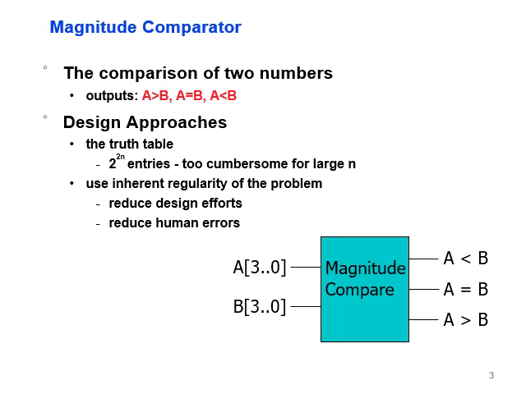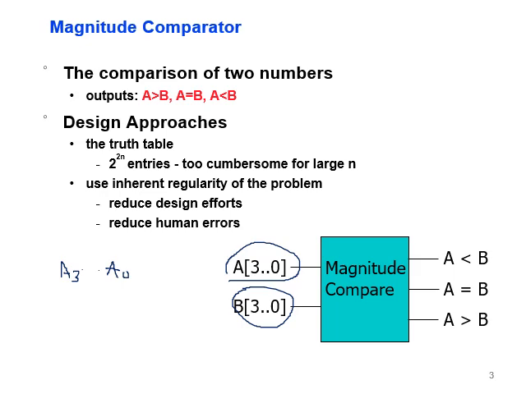Let's take an example. Here I have two numbers, A and B. I want to compare between them. Both of them are 4-bit numbers. It means A will be, as an example, A0, A1, A2, and A3, and the same thing for B: B0, B1, B2, B3.